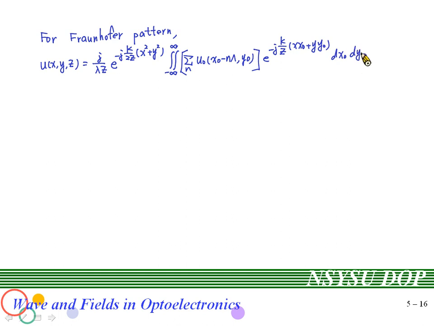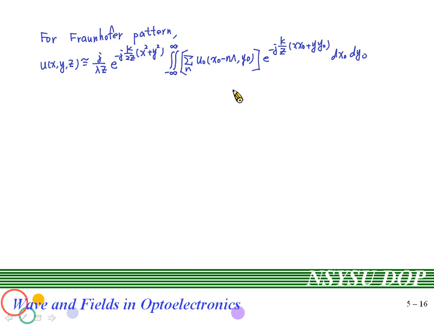By performing this integral, you can obtain the Fraunhofer diffraction, which is the diffraction in the far field region. But how do we find the result shown here?